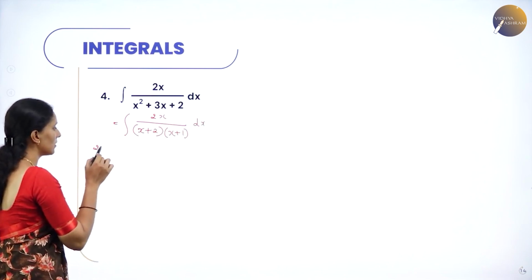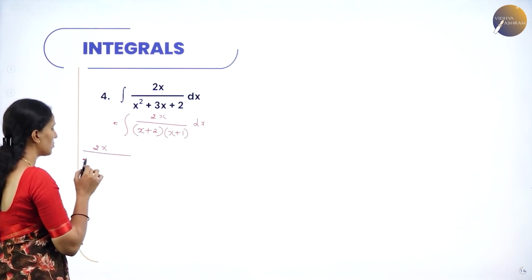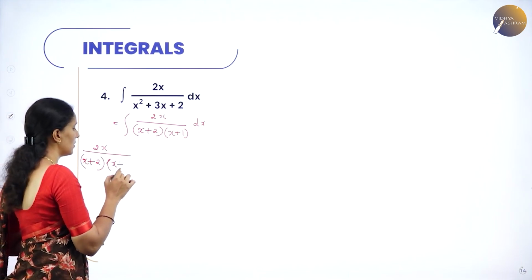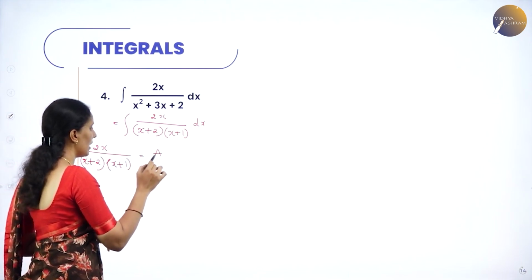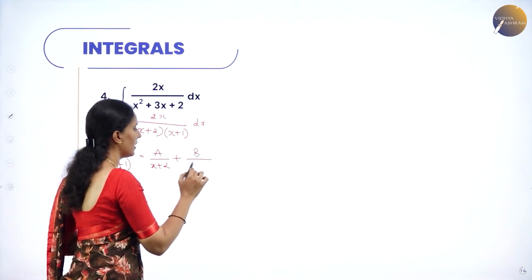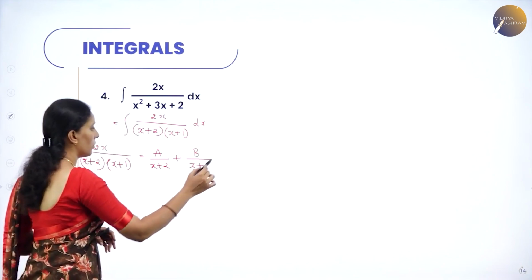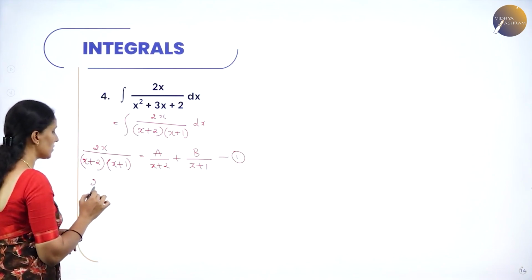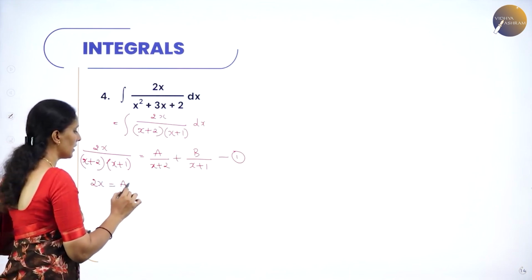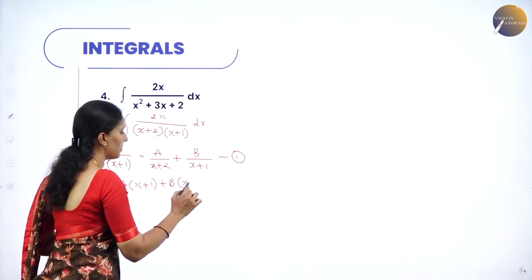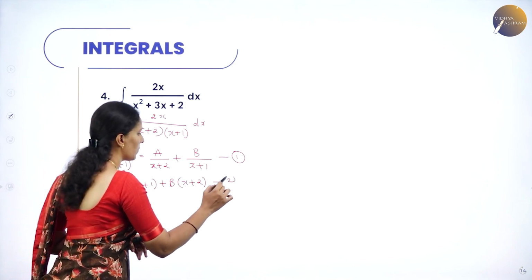Now take this rational function, a proper fraction. So this can be written as a divided by x plus 2 plus b divided by x plus 1. Multiply with the denominator, then 2x is equal to a into (x plus 1) plus b into (x plus 2). Take this as equation 2.